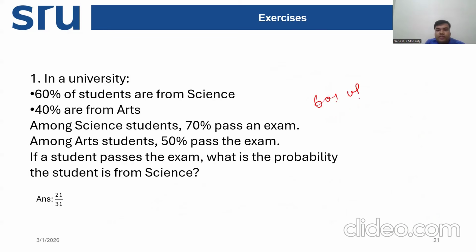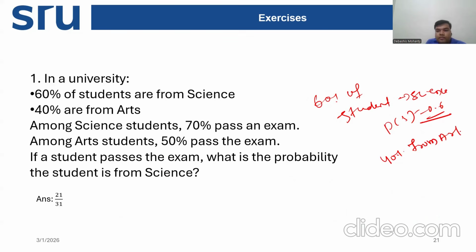60% of the students are from science, and probability of science is 0.6. 40% are from arts, and probability of arts equals 0.4. Then among the science students, 70% pass the exam, and among arts students 50% pass the exam.